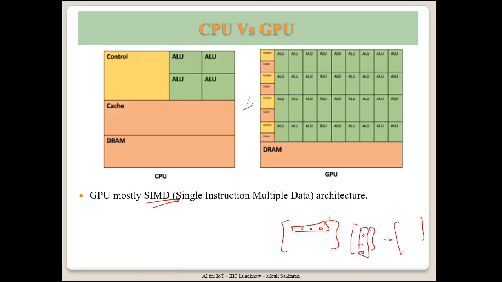Now this multiplication and addition is the same multiply and add. This is called a MAC operation, multiply and accumulate. You have to multiply and accumulate because you have to add also, right? Multiplied elements have to be added.